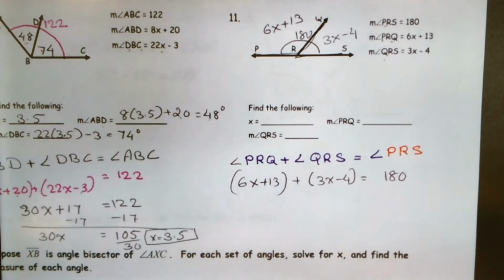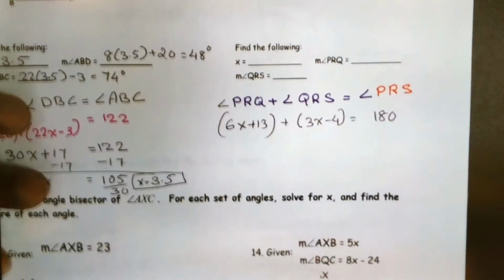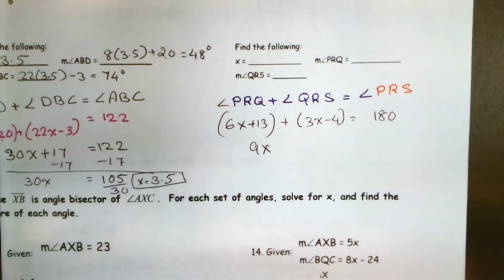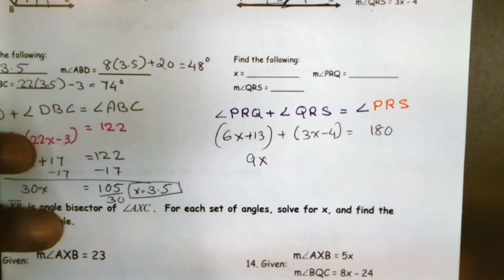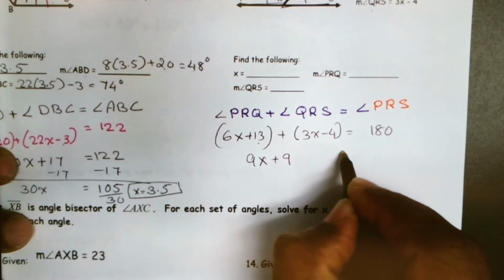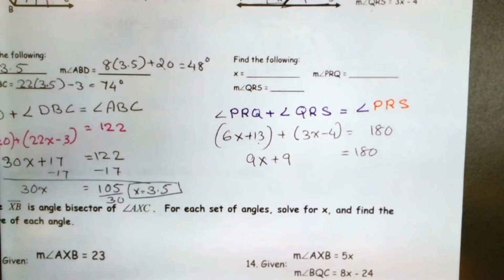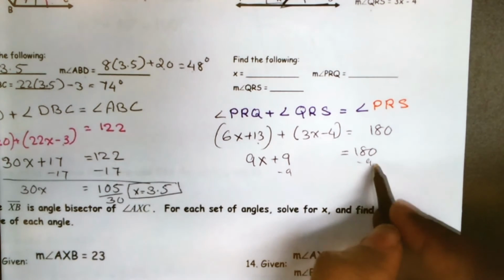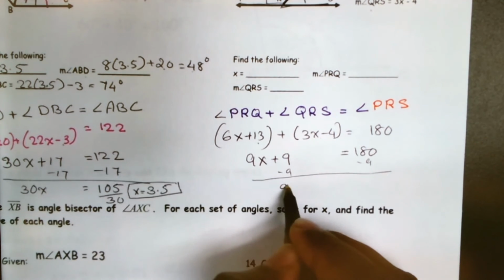So combine the like terms: 6x and 3x give 9x, and 13 minus 4 is positive 9. So 9x plus 9 is equal to 180.